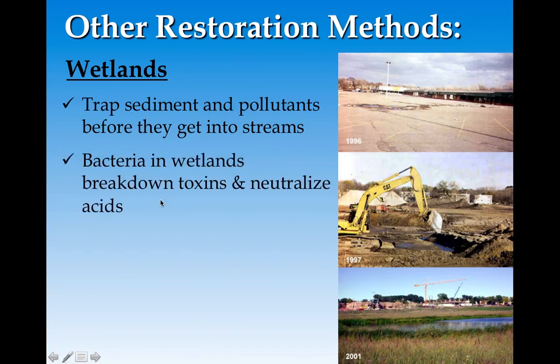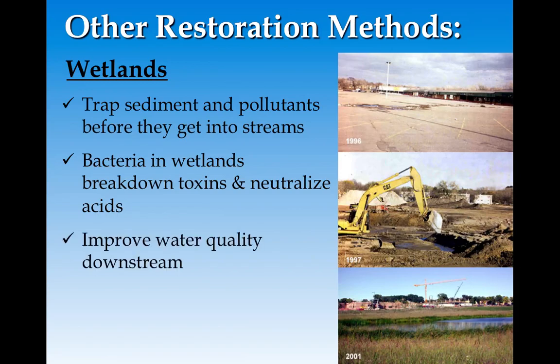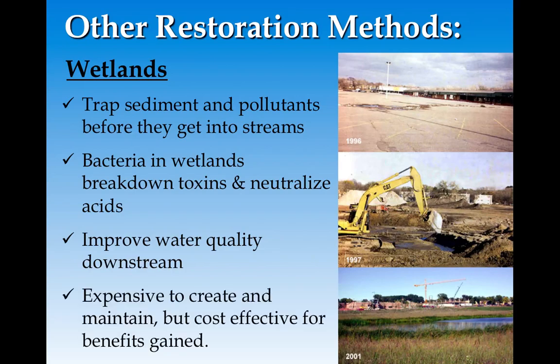There are a lot of bacteria and microorganisms that live in the wetlands that break down the toxins traveling from the land into the water, and they can neutralize acids. So they're essentially like sponges that help detoxify whatever is coming through, and in that way they improve the water quality downstream.